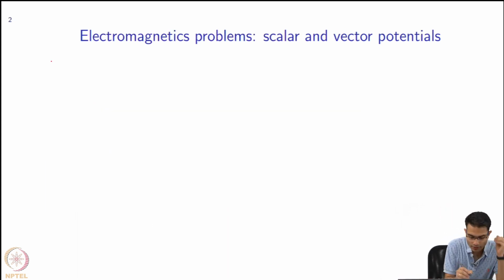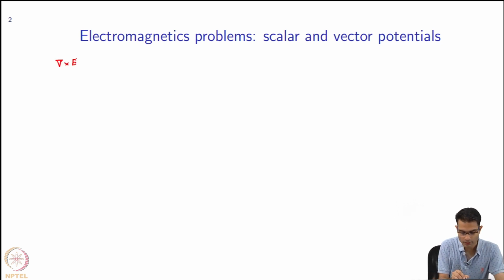So let us just write down our Maxwell's equations. The first one we can write as curl of E is minus j omega mu H. Okay. So we are going to assume e to the j omega t, monochromatic case. Okay.